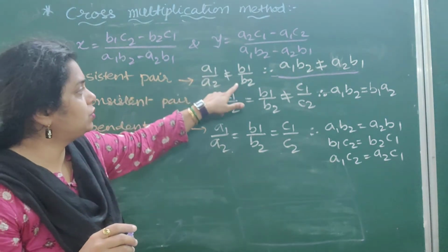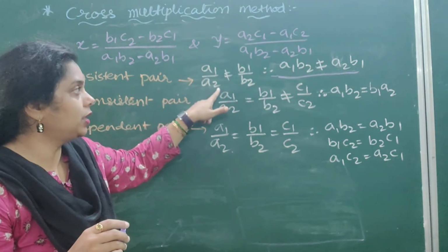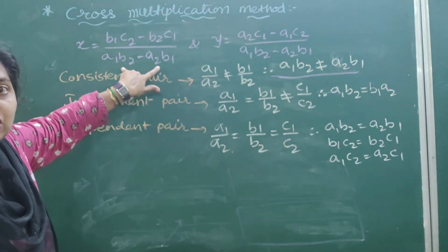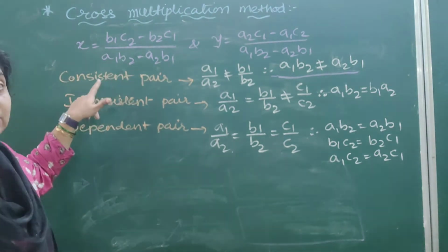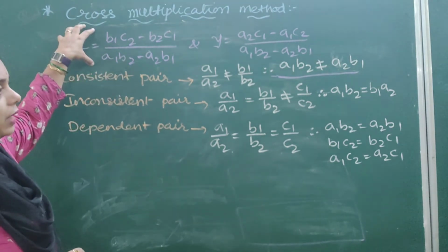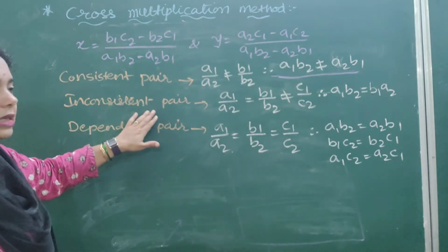See here, a1 b2 is not equal to b1 a2. It means if we do a subtraction, as both are not equal in case of consistent, we can easily find out the value of x.